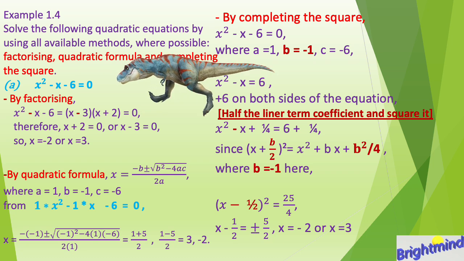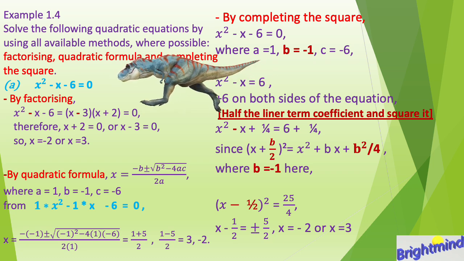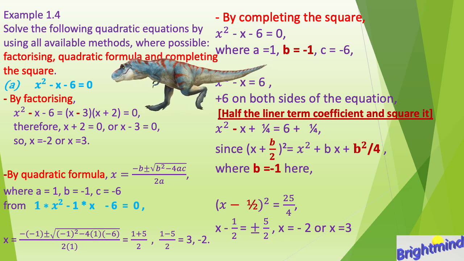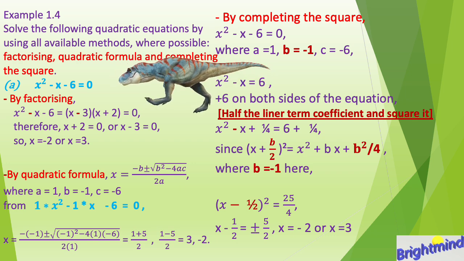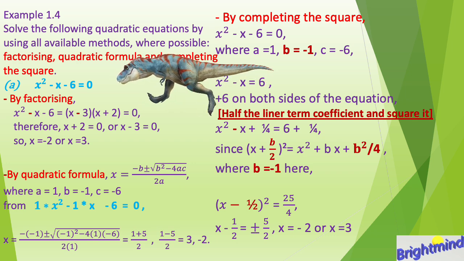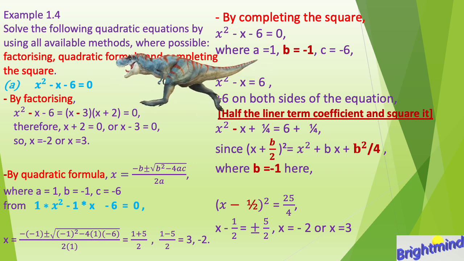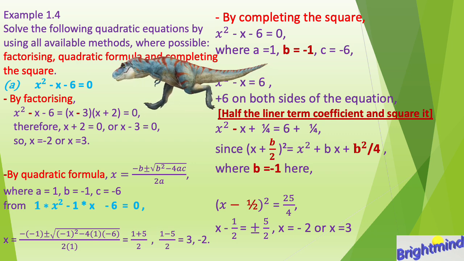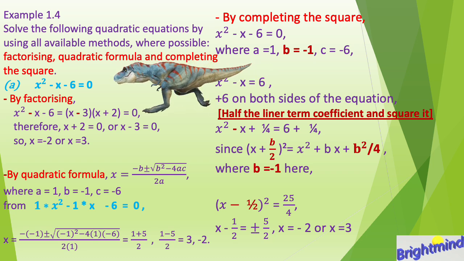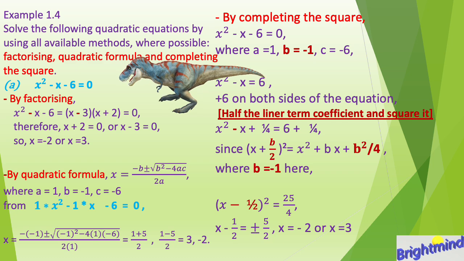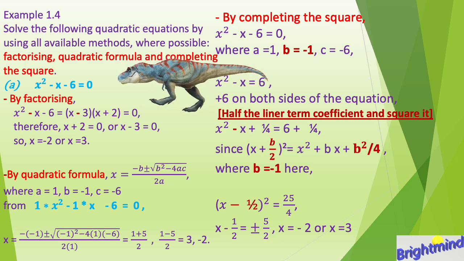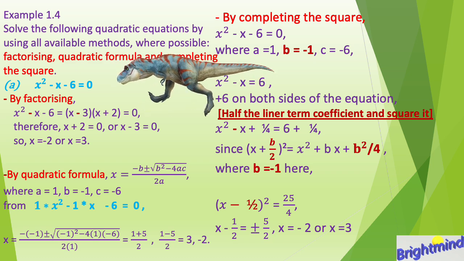The third method is by completing the square. Again, x squared minus x minus 6 equals 0. The coefficient a equals 1, b equals negative 1, c equals negative 6. Firstly, add 6 on both sides of the equation to get x squared minus x equals 6.